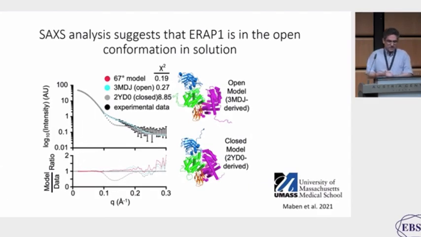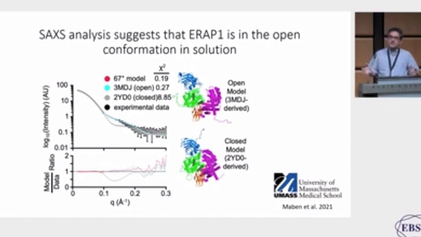And this is very recent. Crystallography is a very useful tool, but doesn't always show you what really happens in solution. So in collaboration with Larry Stern's lab at UMass, we've been using small angle X-ray diffraction to look at the structure of this enzyme in solution. And it turns out from fitting models that the answer is quite simple. In solution, the enzyme is in the open conformation.